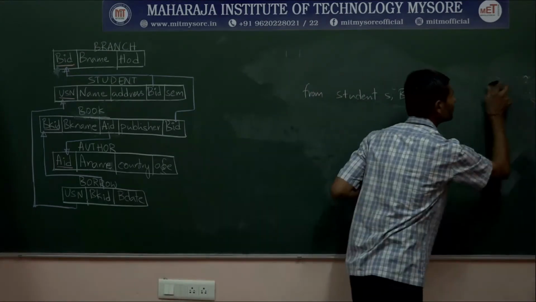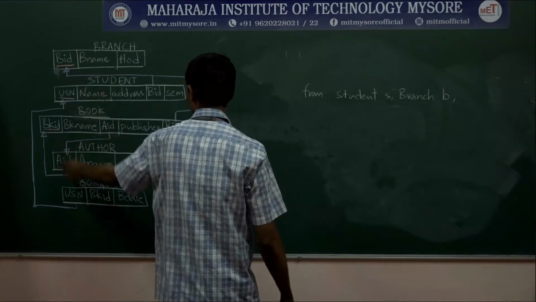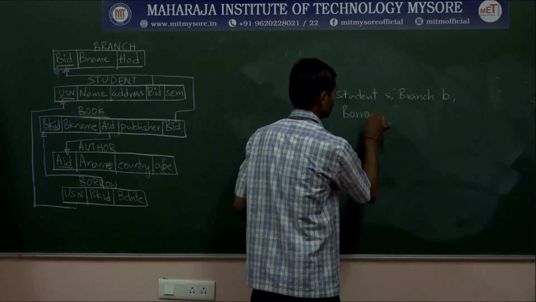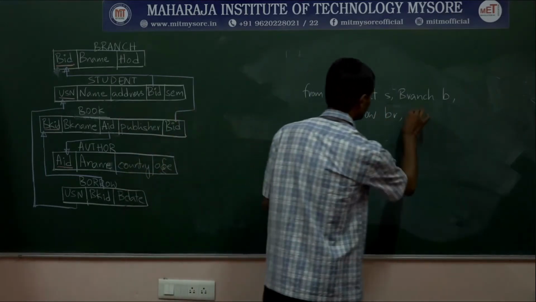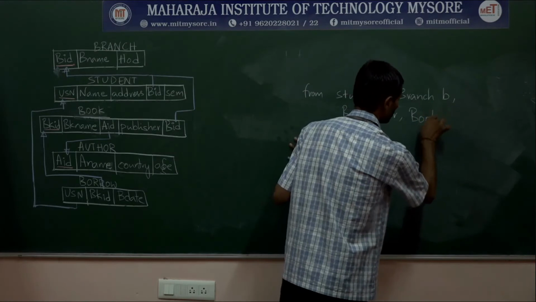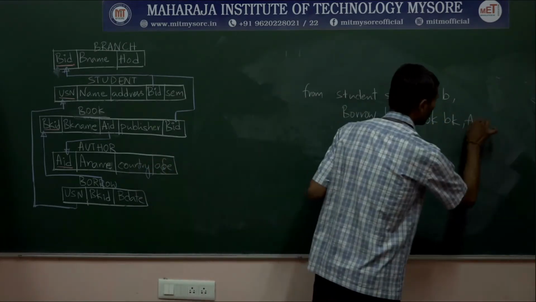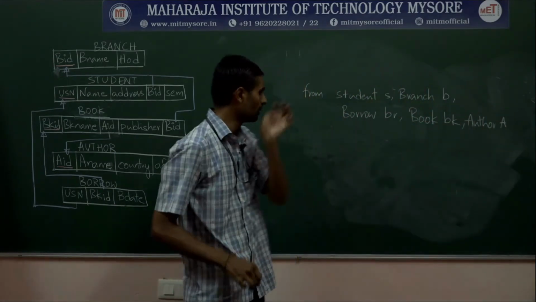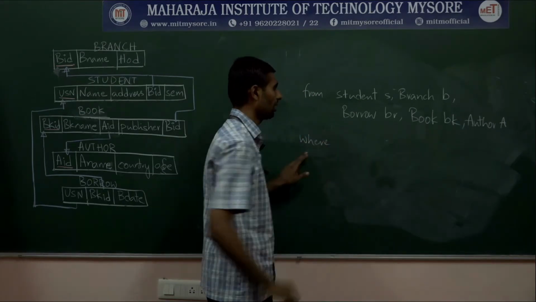Then we require borrow, let me write borrow BR. Then we require book BK. Then we require author, let me write author A. Fine. What's the next step? I want to join. First we'll go with joining. How?